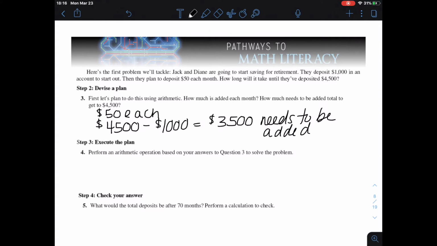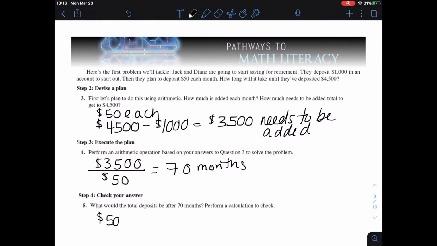So using arithmetic, if this is how much needs to be added, and we're putting in $50 per month, let's take the total we need to add in and divide it by how much we're adding per month. If you take $3,500 and divide it by 50, it's going to take you 70 months to deposit $3,500.